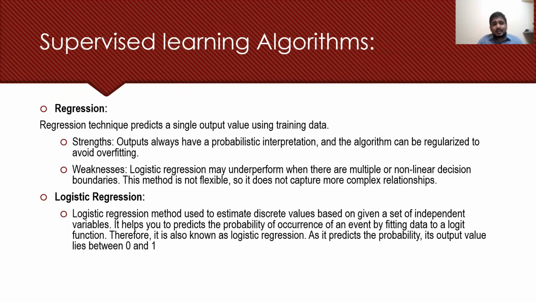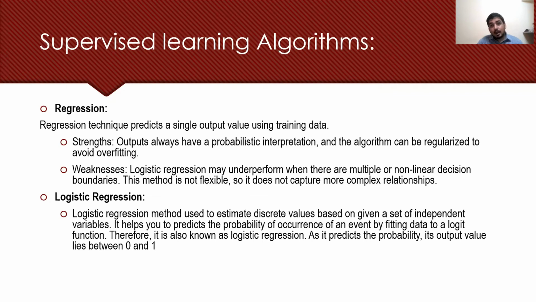So first, regression. What is regression? Regression is a technique which predicts a single output value using trained data. It takes some data, fits it, and tries to minimize the error of the outcome. By doing this again and again for multiple times, or in terms of machine learning language, multiple epochs, it is able to reduce the error to a minimum and predict the value.